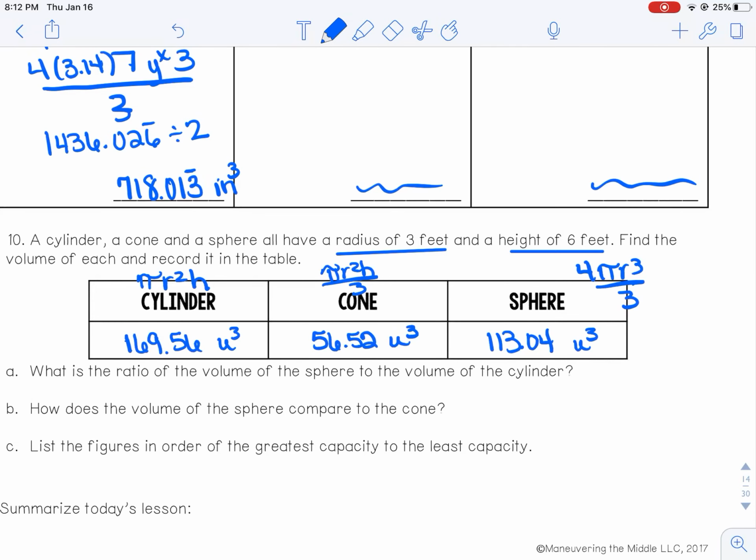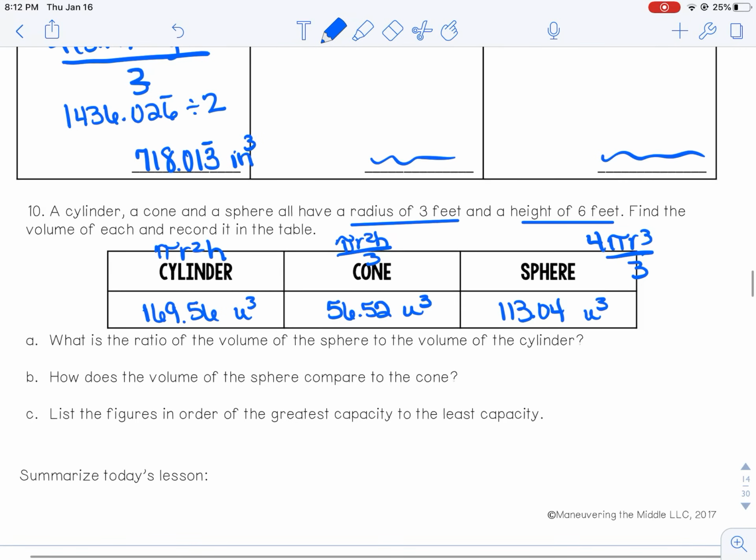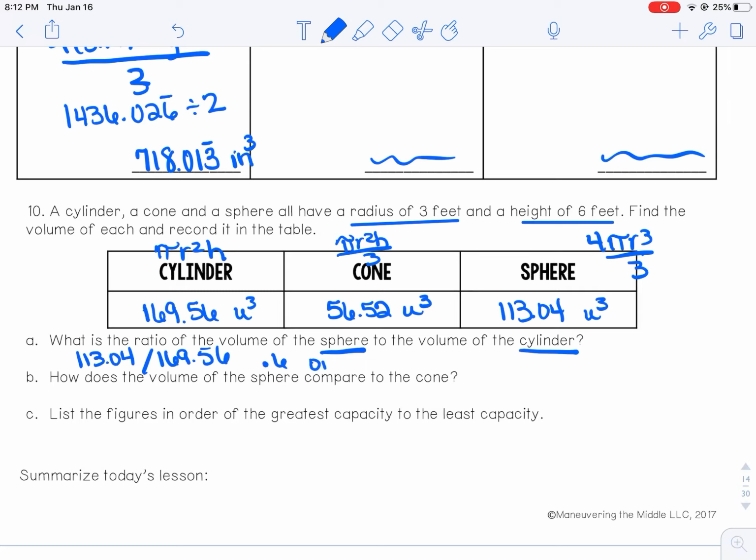Okay. What is the ratio of the volume of the sphere to the volume of the cylinder? So sphere, 113.04 to cylinder divided by 169.56. If you divide those out, what you are going to get is 0.6 repeating, or that's actually going to be 2/3.